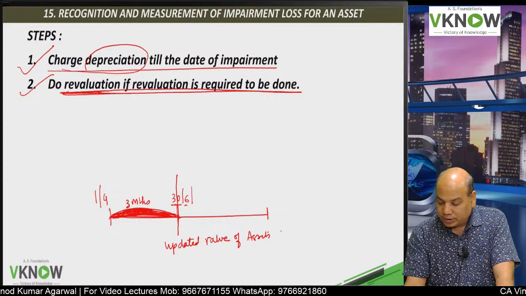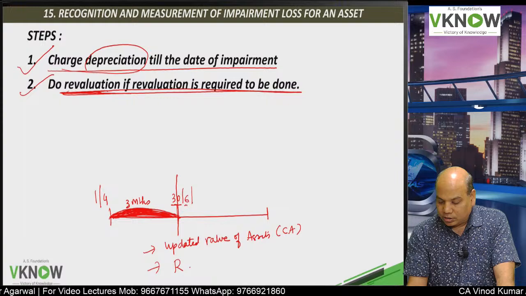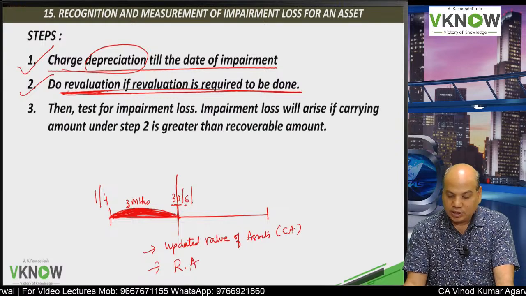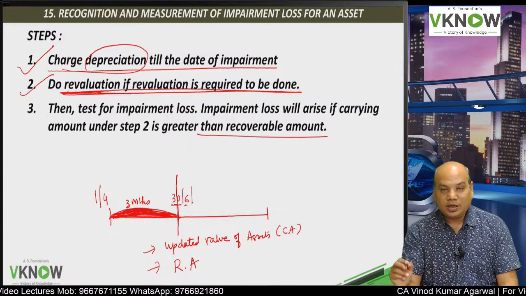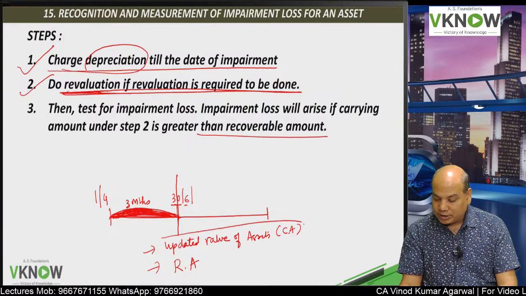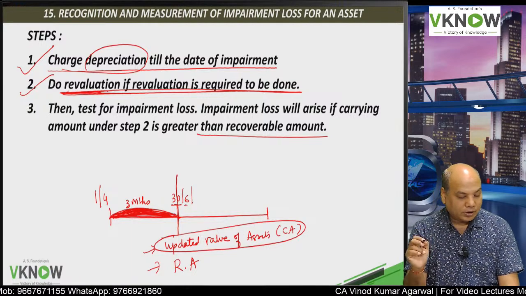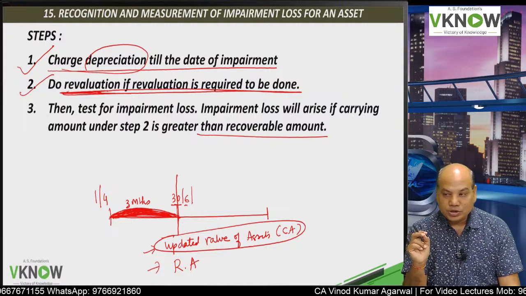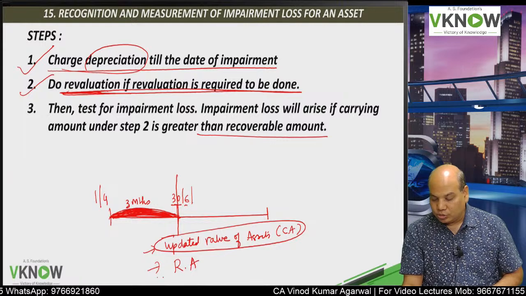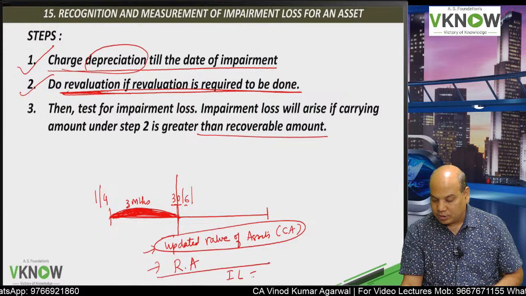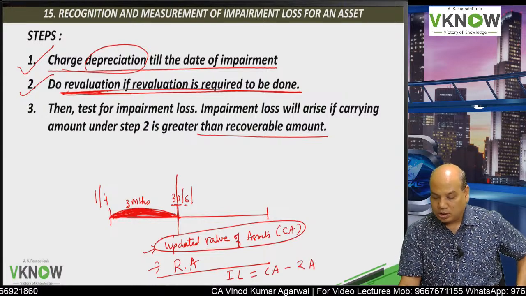Now this updated carrying amount you will compare with recoverable amount. If this updated carrying amount, which is after providing depreciation and after providing for revaluation if any, is more than recoverable amount, I am going to provide for impairment loss, which is carrying amount minus recoverable amount.